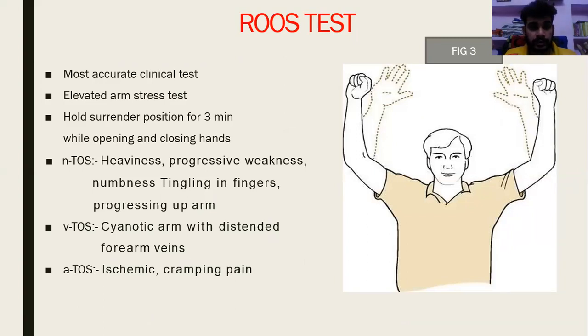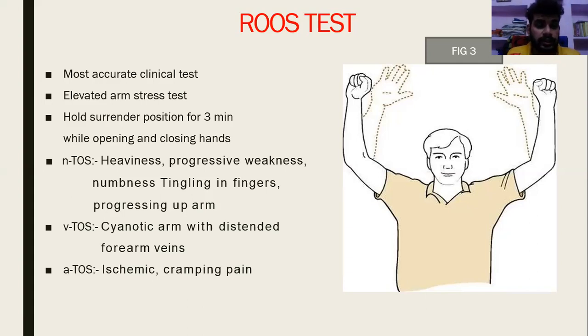After 3 minutes, if the Roos test is positive, we see heaviness, progressive weakness, numbness, and tingling in the fingers of the patient's hand.